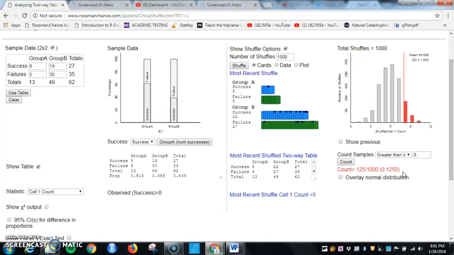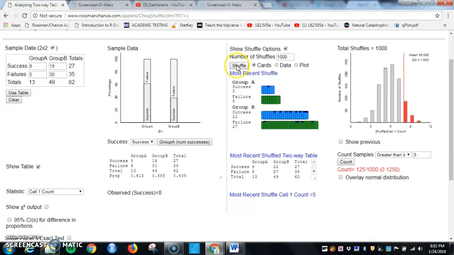So more than likely, we would say that the effect of getting a liver tumor due to E. coli versus germ-free is more likely due to random chance.